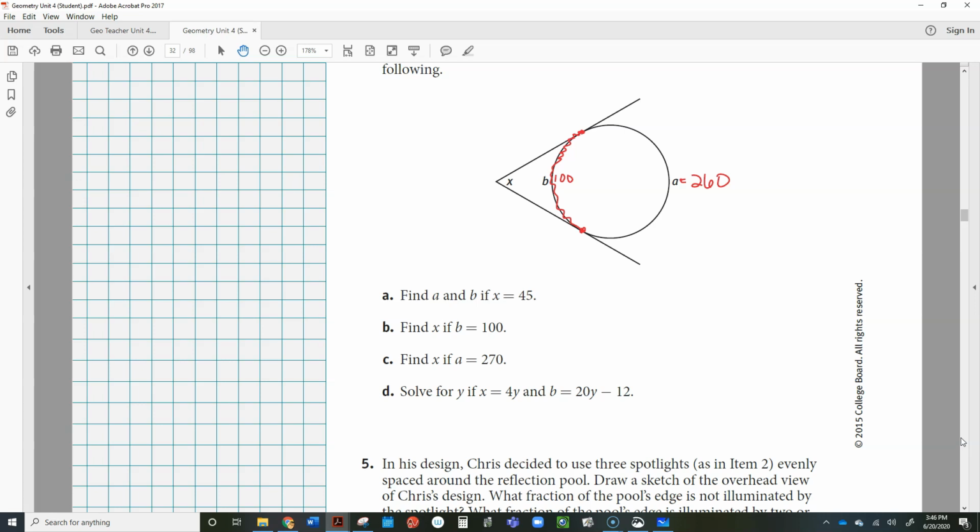So to find the measure of angle X, remember, the angle is equal to half the big arc minus the little arc.